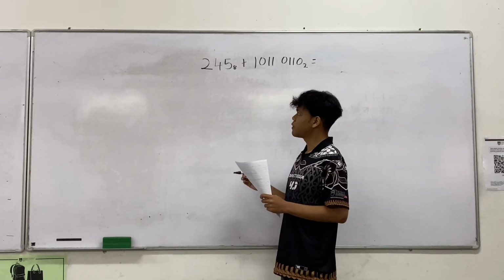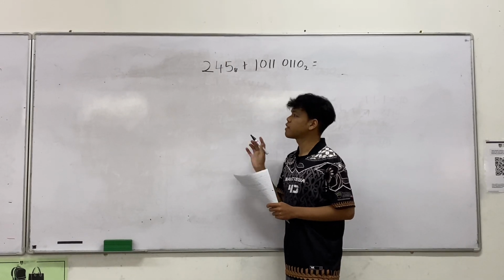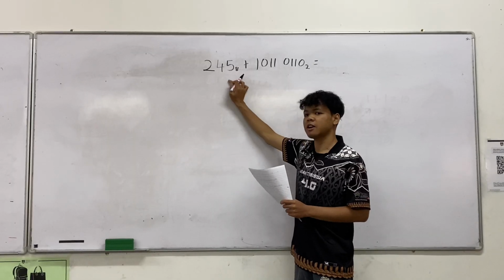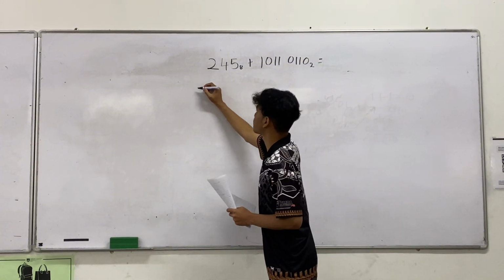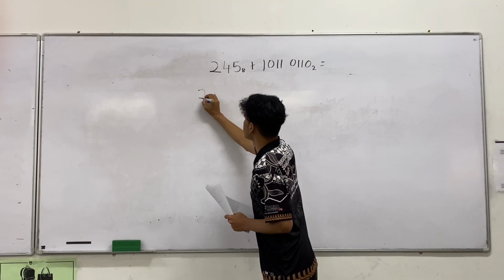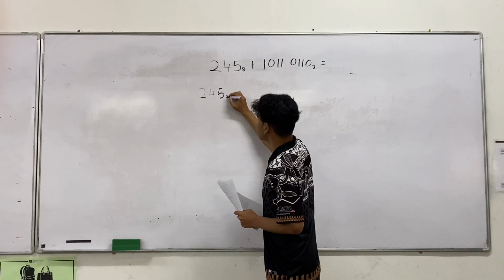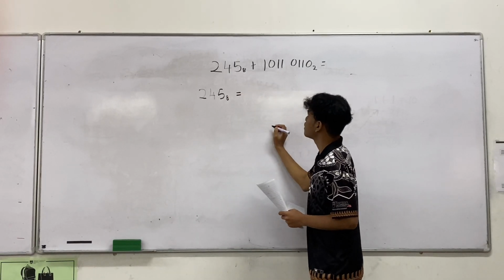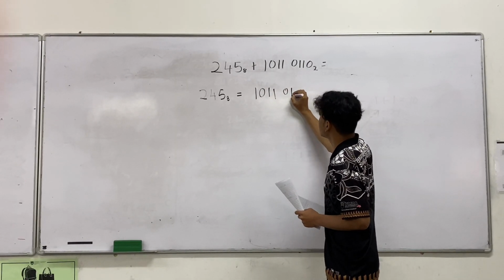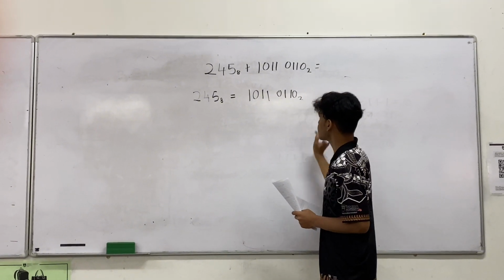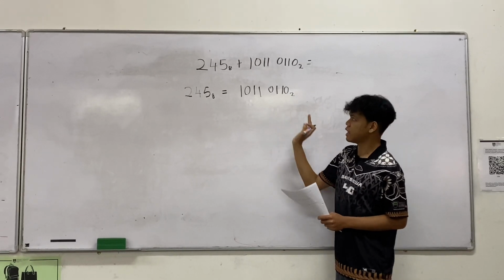First, we must convert this octal number to binary. So 245 in base 8, we got 10100101.